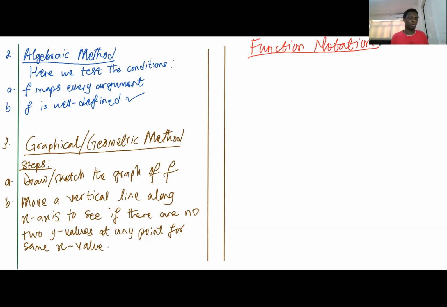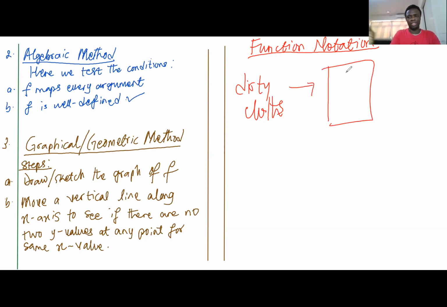So this idea of function is like your input output that you've learned before, okay? So I'm not gonna waste time on that. Let's say you have a washing machine. You put your dirty clothes in the washing machine, and the washing machine does some magic and the clean version comes out.